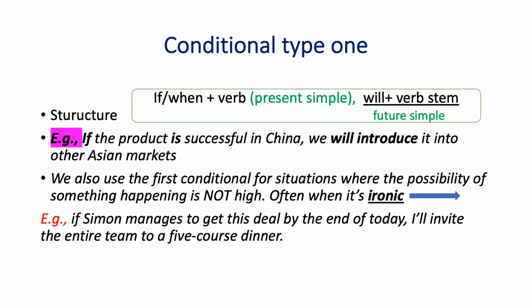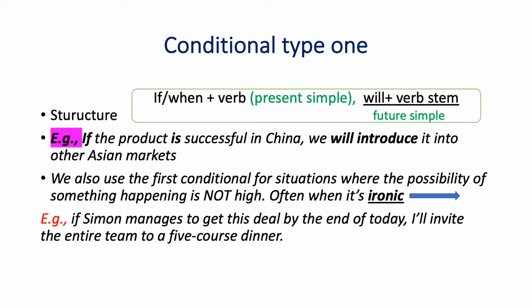We know the structure of future simple, we have will plus verb stem, while the stem is the infinitive without to. For example, you have the verb to write. Write is the stem, okay, of the verb to write. So here we omit only the to of the infinitive and you get a verb stem.